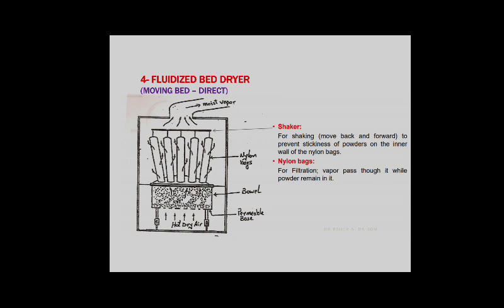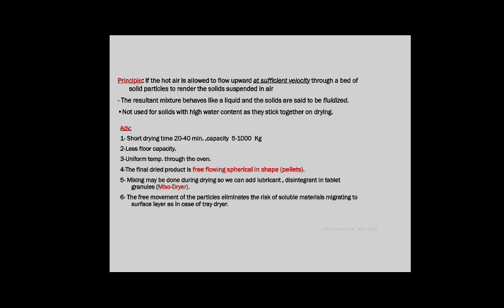Fluidized bed dryer, we talked about it previously. Principle: if the hot air is allowed to flow upward at sufficient velocity through a bed of solid particles, it renders the solid suspended in air. We talked about it in size enlargement.